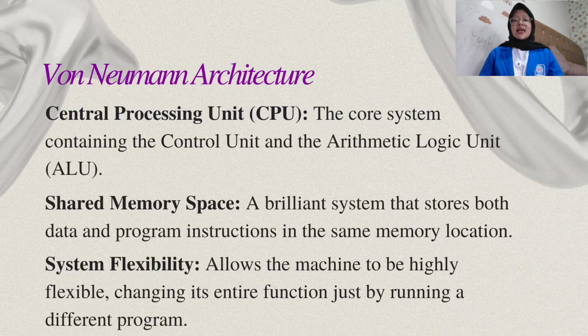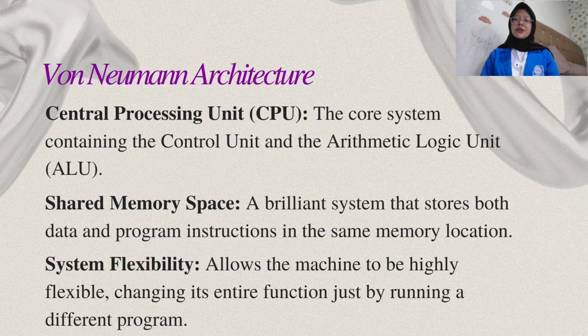As you can see here on slide 3, almost every modern computer follows what we call the von Neumann architecture. This foundation model consists of the central processing unit, a control unit, memory unit, and input-output interface. The genius of this system is that it stores both the data and the instructions in the same shared memory space.